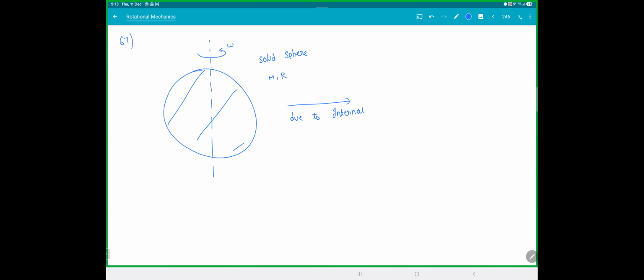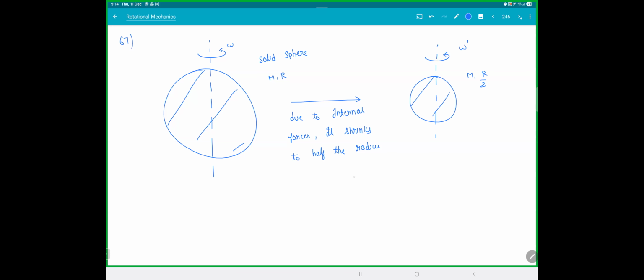If the force is strong enough, they create a neutron star. The mass remains the same, M, and the radius becomes R by 2. Standard question, and the angular velocity changes. Find the new omega and the change in kinetic energy.